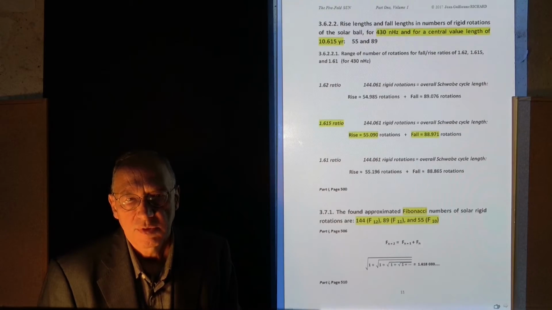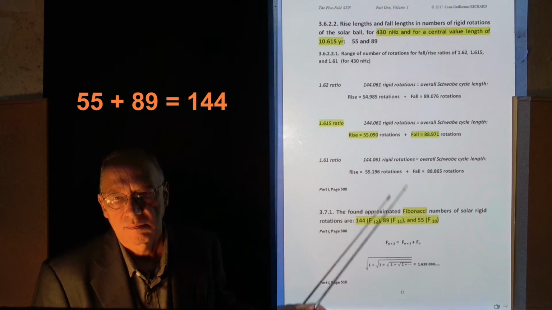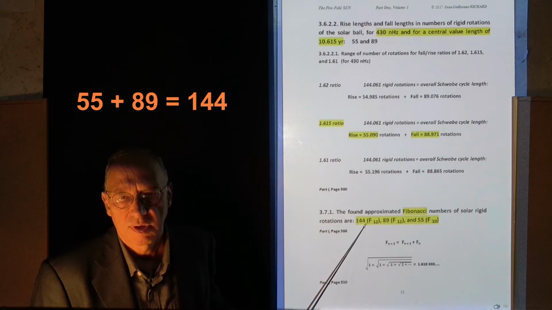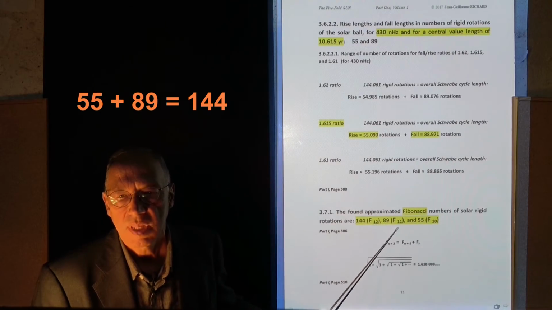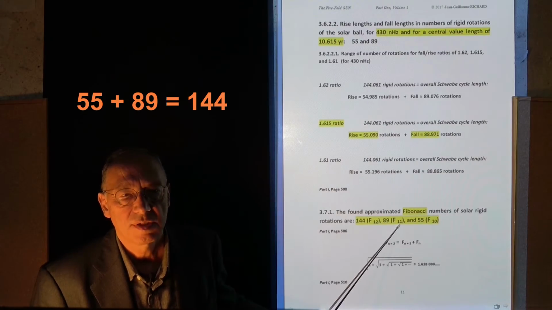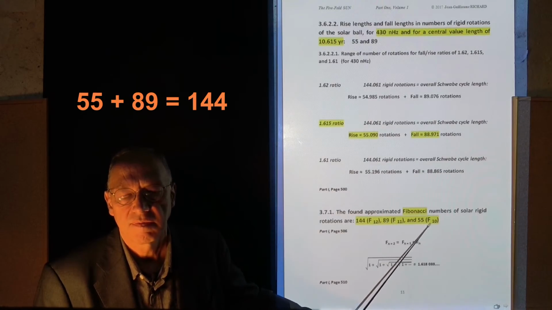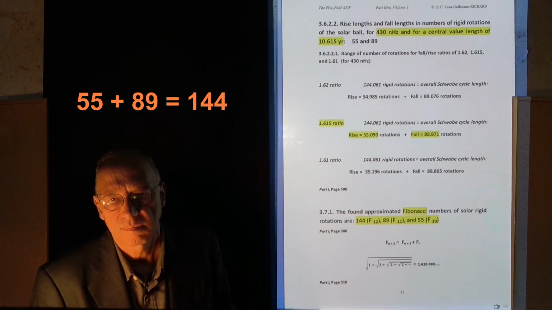These are Fibonacci numbers. 144 is the 12th Fibonacci number, F12. 89 the 11th Fibonacci number, and 55 the 10th Fibonacci number, F10.